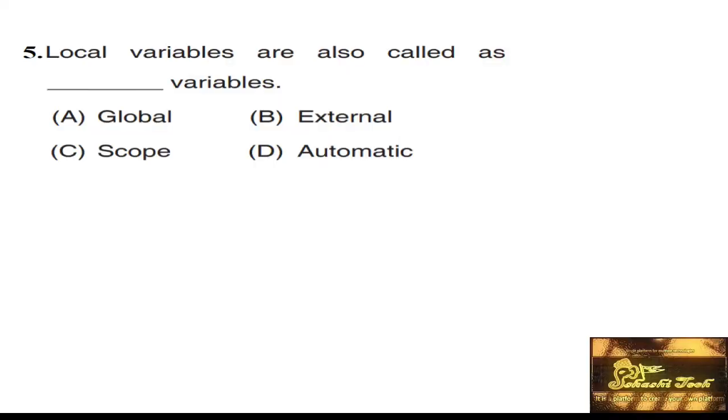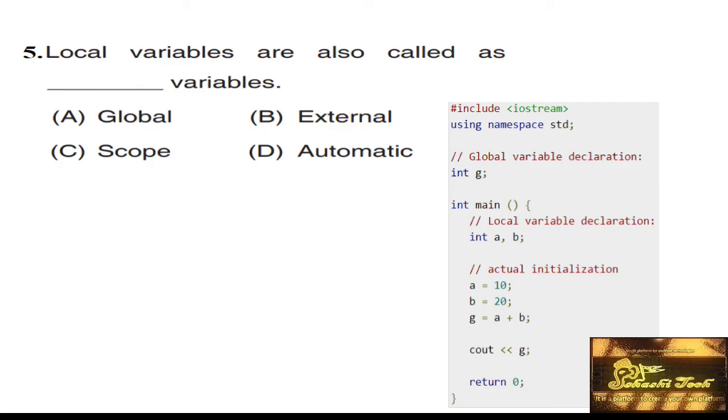Our next question is, local variables are also called as dash variables. The options are global, external, scope, or automatic. Here, global means the variables which are declared outside the function. In a similar way, external means the variables which are declared outside the functions.